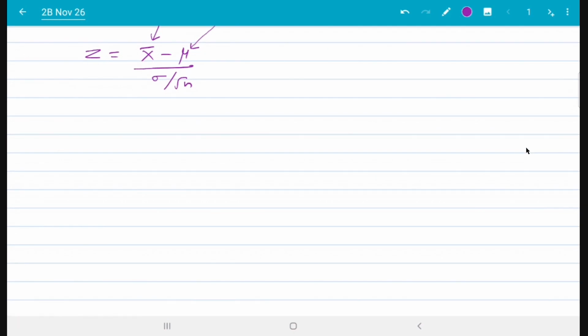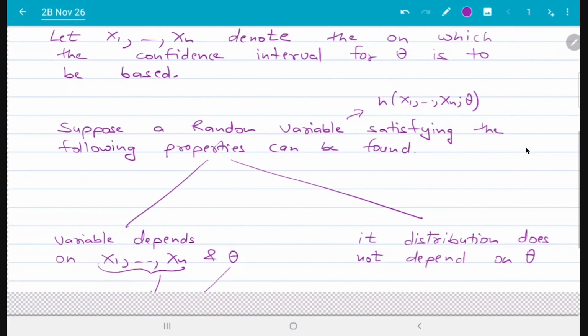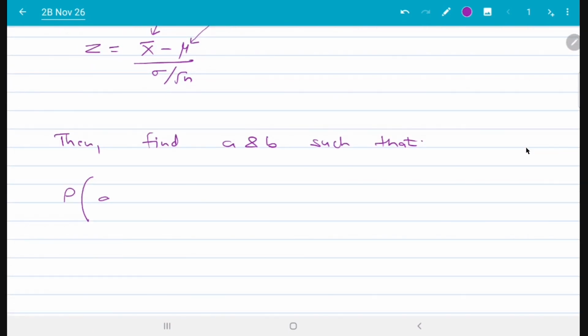Next, the recipe is, after this, we need to find values A and B such that the probability, suppose a random variable, the description of the random variable X1 to Xn theta, is equal to 1 minus alpha.